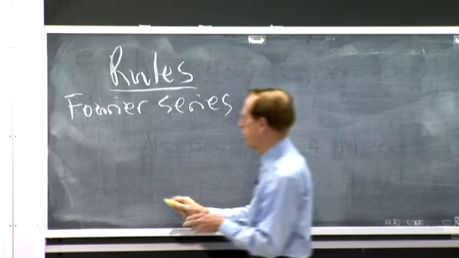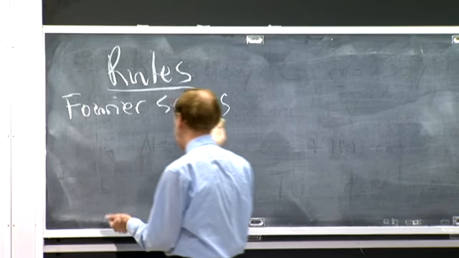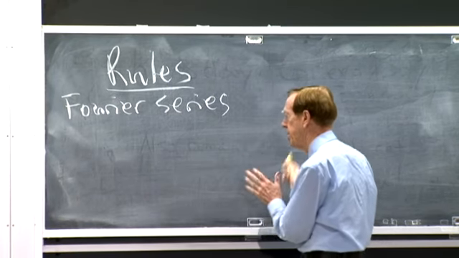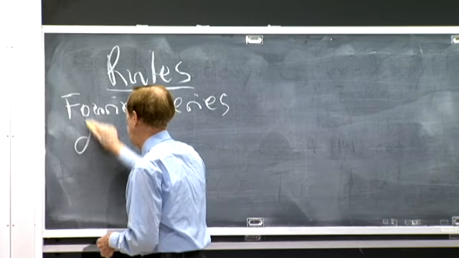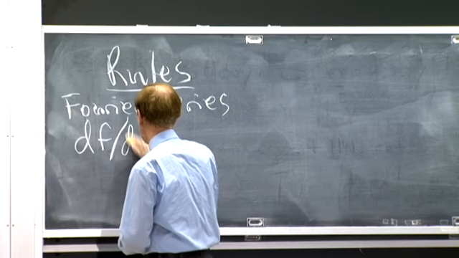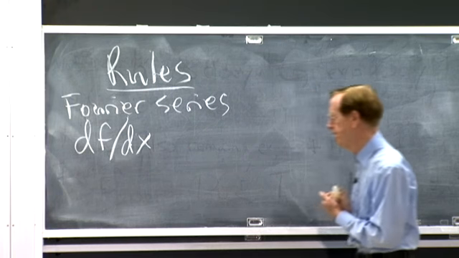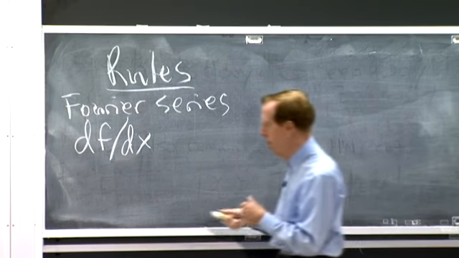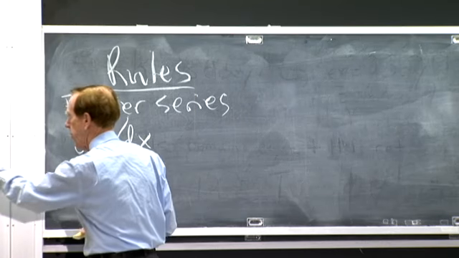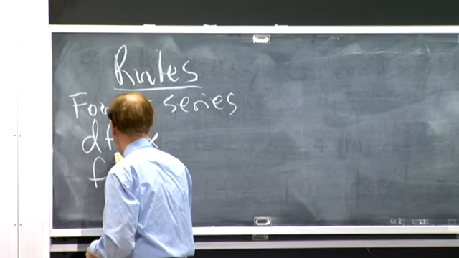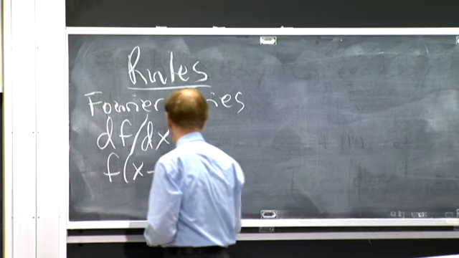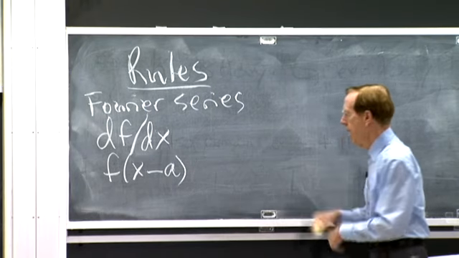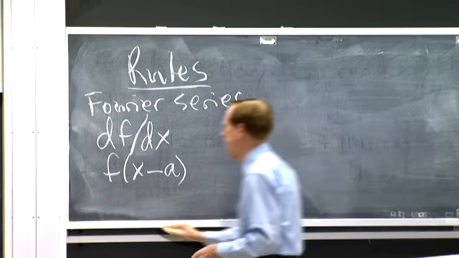If I had the Fourier series of f, start with the Fourier series of f, then the question was, what's the Fourier series of df dx? And now I'm saying the next important rule is the Fourier series of f shifted. And then the last important rule is the energy.